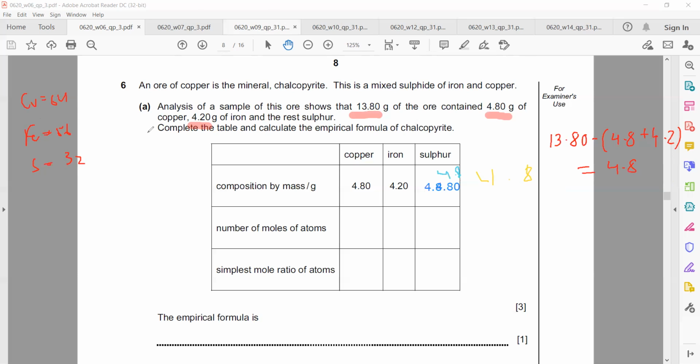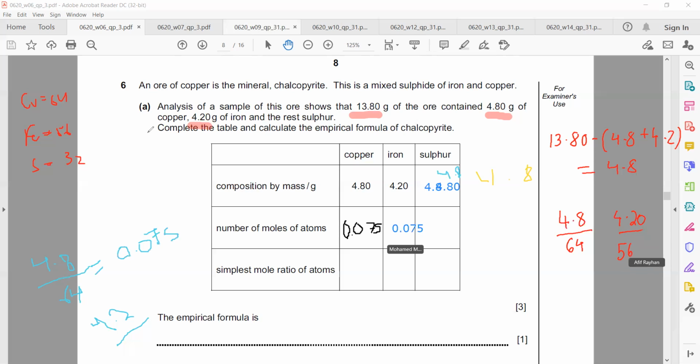The second part is to find the number of moles of atoms. Just divide by their atomic masses, like 4.8 divided by 64, for iron it will be 4.2 divided by 56, and for sulfur it will be 4.8 divided by 32.